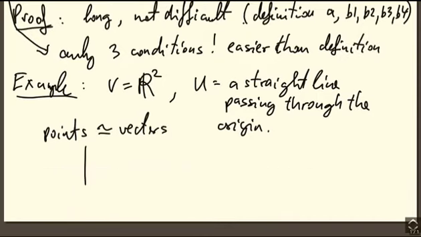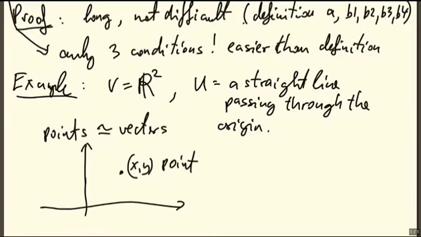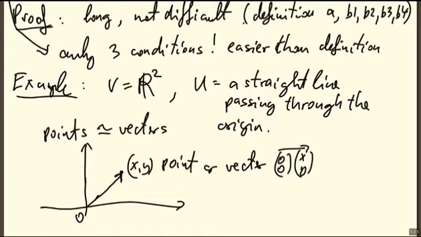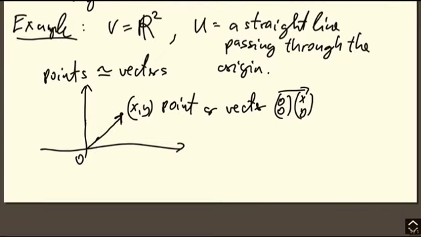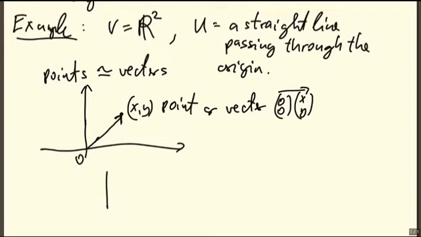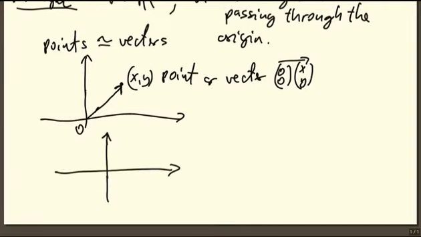So if you have a point (x, y), you can also consider the vector going from the origin to this point. When you connect (0, 0) with the point (x, y), you get a vector. So when I talk about U as a straight line, you can say that this is a set of points or a set of vectors.